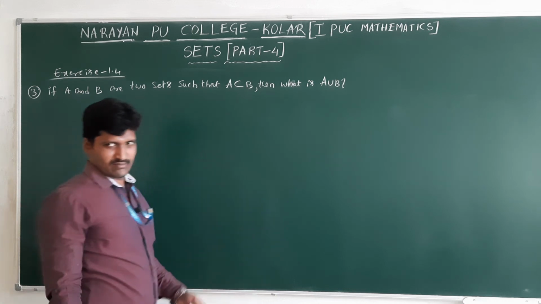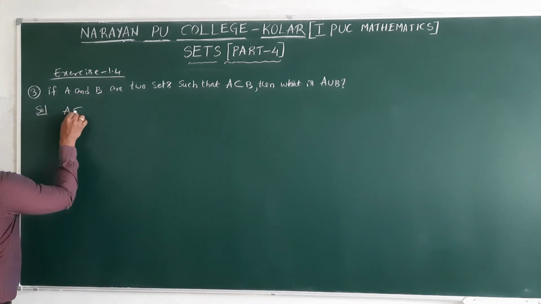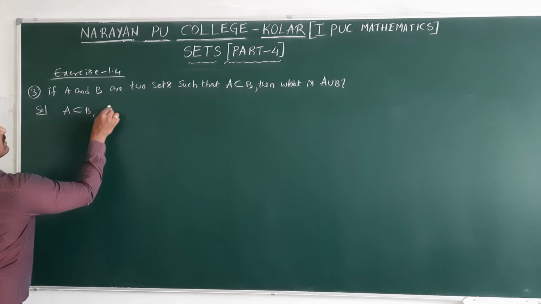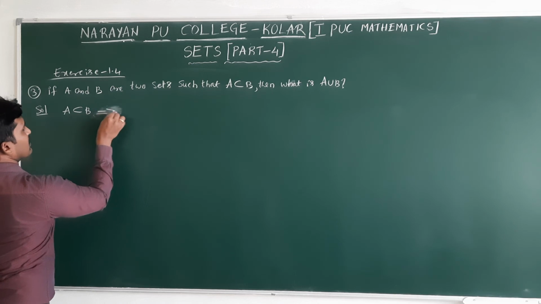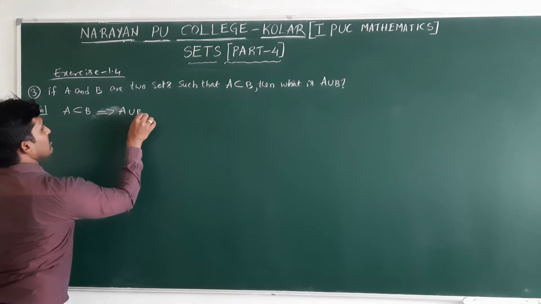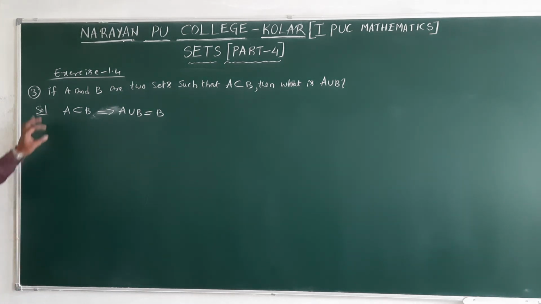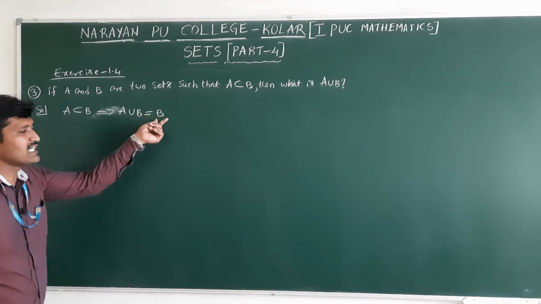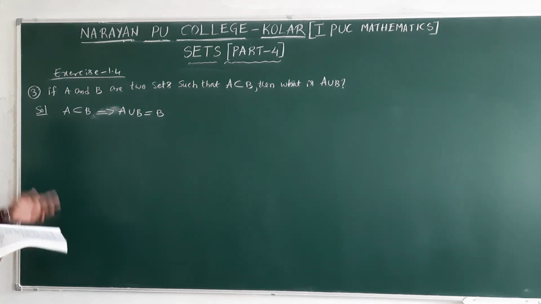Just now we did the same. A is a subset of B, then A union B will get which one? B only, because the elements present in A are also in B. Complete A elements are all present in B. When you combine those two, again what will you get here? The B set only. That's why A is a subset of B means A union B will be B.